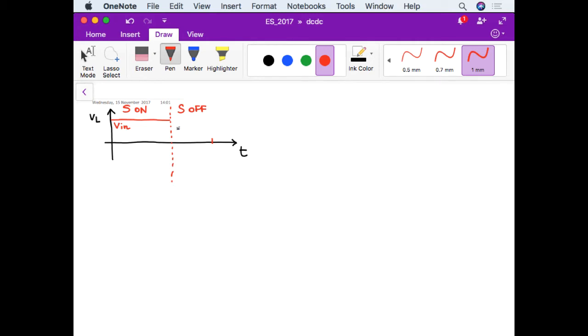Now, in stationary conditions, we have a periodic behavior. So this means that we have a fixed duty cycle, and the switch stays on for a certain time and stays off for another well-defined time.